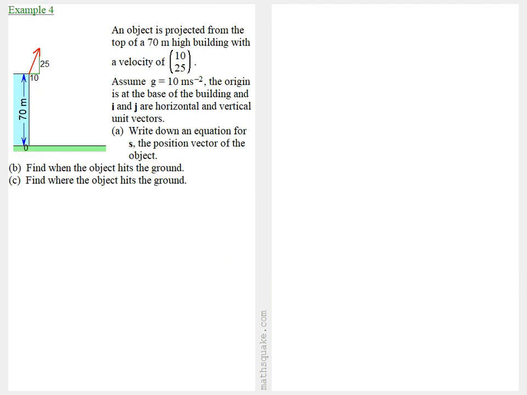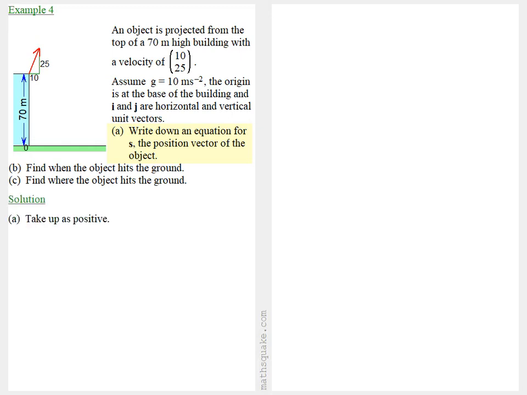In example 4, we're told an object is projected from the top of a 70-metre high building with a velocity of (10, 25). Assuming g is 10 metres per second squared, the origin is the base of the building, and i and j are the horizontal and vertical unit vectors. In part A, we're asked to write down an equation for s, the position vector of the object.